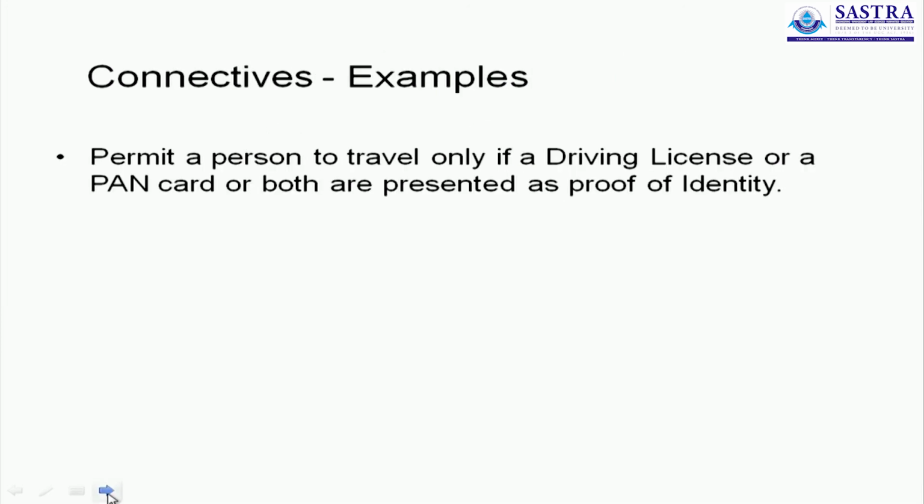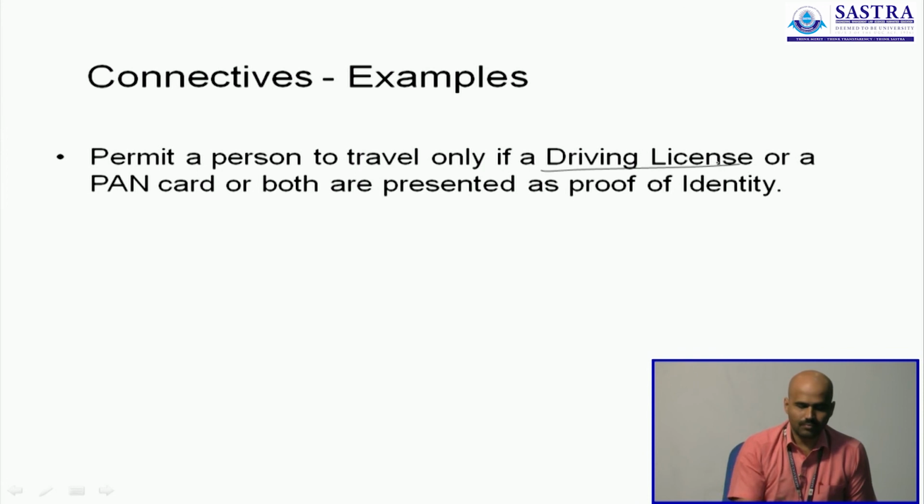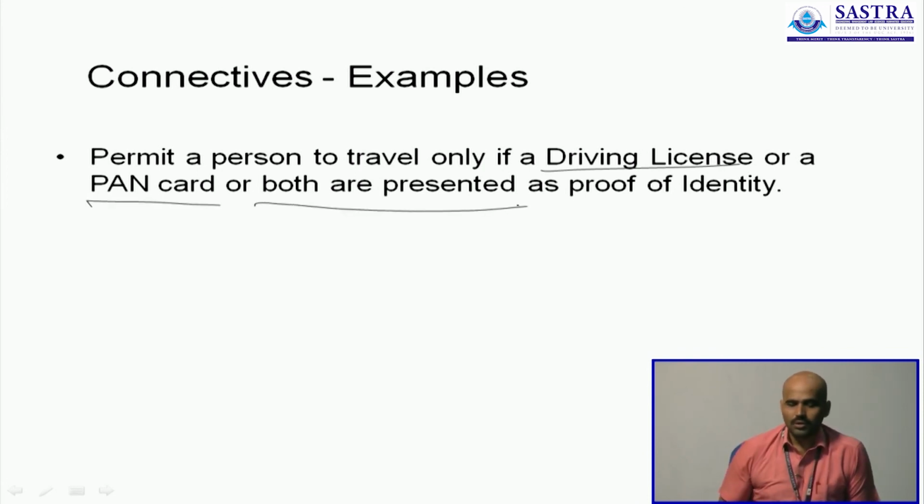We'll discuss one more example to understand another type of a connective here. It says a ticket examiner in a train is supposed to permit a person to travel only if the driving license or his PAN card or both have been presented as proof of identity.